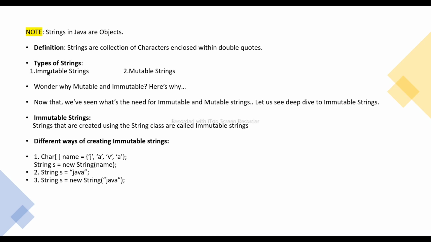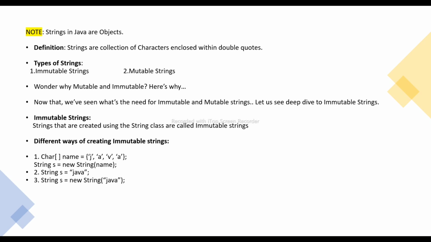And what are immutable strings? Immutable strings are strings which cannot be changed. Don't you think the name on your 10th certificate cannot be changed? Your Aadhaar card number cannot be changed. There are some things in the world that cannot be changed.